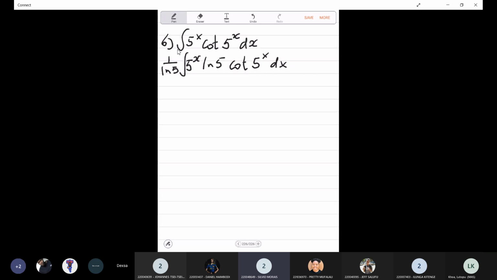All the examples you are giving us, we already have the formula: cot goes to minus cosec squared, and cosec goes to minus cosec cot. Now my question is, what if they put sec squared x times tan x?